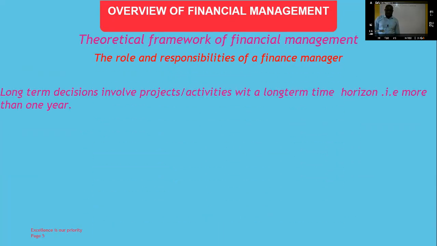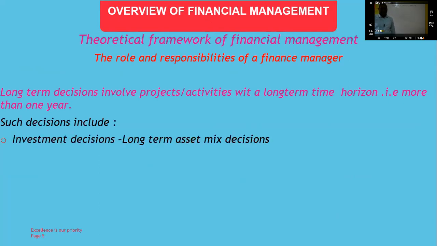Now, the long-term decisions involve projects or activities with a long-term time horizon, that is more than a year. Such decisions would include investment decisions, what you call long-term asset mix decisions. In other words, what assets should we purchase or procure for the long-term aspect of the entity?